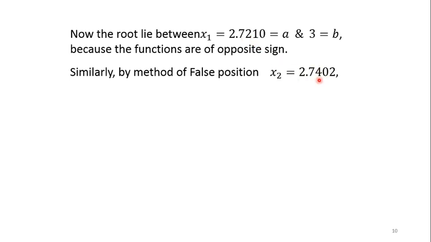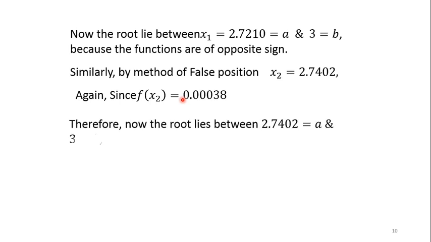You have to find the answer correct to 2 places of decimals at least, and maximally 4 places of decimals. So again you repeat the same method by finding the value of the function at this point. This is positive and previously you had negative, so you again proceed in the positive-negative sign direction. That is, now the root lies between 2.740 and b equal to 3.